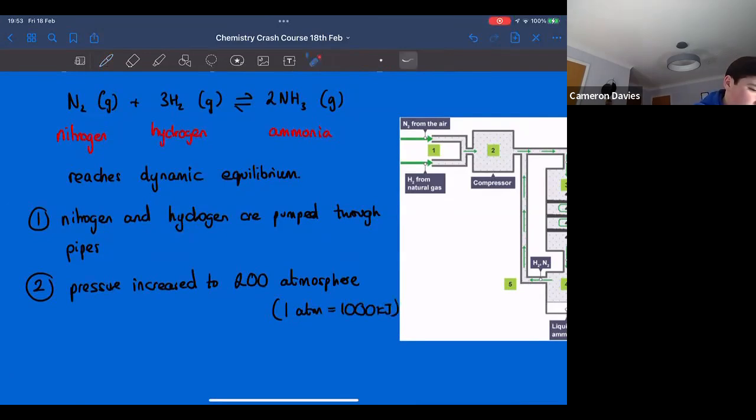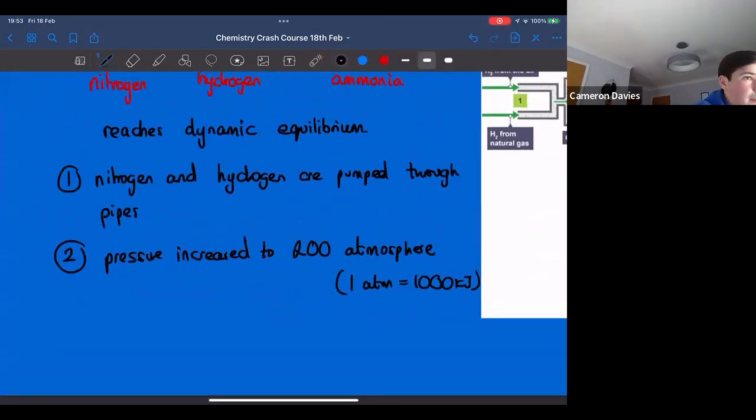And that happens at this point. It's not the same as fractional distillation, no. And then from there, the gases are heated to 450 degrees. These temperatures are important because they'll usually ask you to actually specify the temperatures. And then it's passed through a tank.